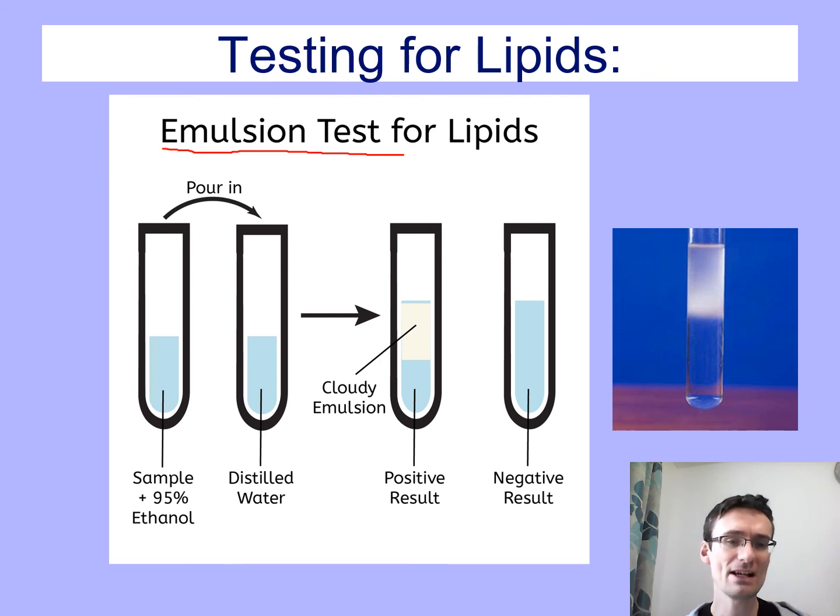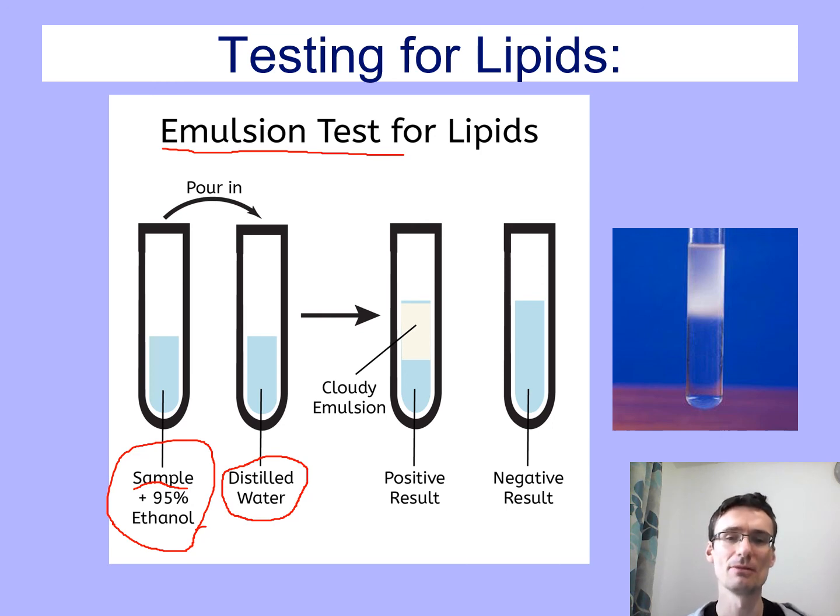So what we do is we take our sample of lipids and we dissolve them in ethanol. Now what that means is the lipid will dissolve, it will go clear, and because the lipids are then insoluble in water, when we add water to that mixture, the lipid which had dissolved will come out of the solution and will become a precipitate.